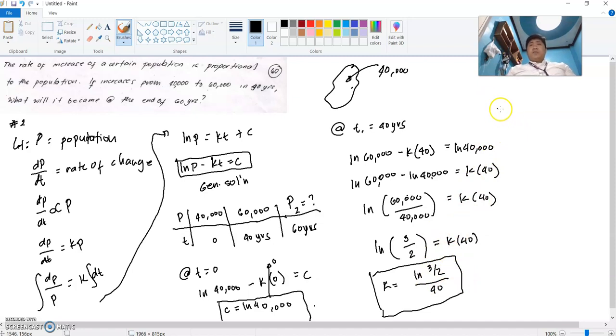Okay. Next, now, at this one, at 60 years. So, at 60 years, at t sub 2, at 60 years, the population now is, let's try to solve, ln of p.